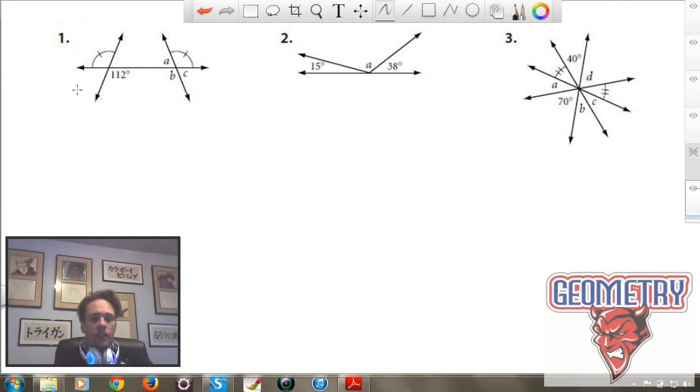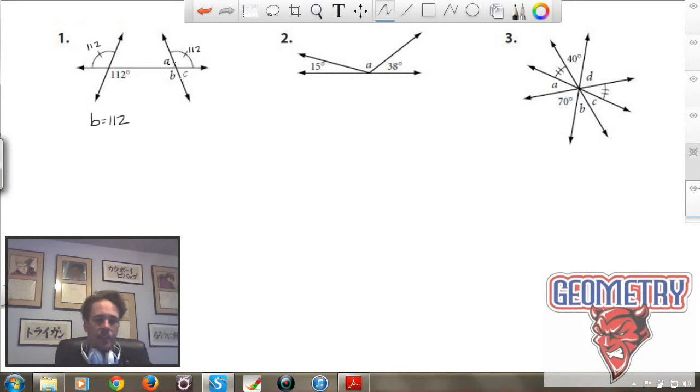So let's find what we can first, and then we'll worry about A, B, and C. To start off, you know this is 112 degrees, which means its vertical angle here is also 112 degrees. Since this angle has one tick mark, and this angle has one tick mark, that also has to be 112 degrees. B is the vertical angle of that, so B has to be 112 degrees.